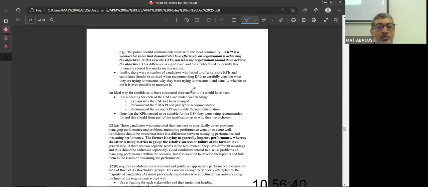An ideal way for candidates to have structured their answer would have been to use a heading for each critical success factor and additionally explain why the critical factor had been chosen. Recommend the first KPI, justify the recommendation, recommend the second KPI, and justify the recommendation. So if you just explain and then justify whatever you're saying, it's good enough.